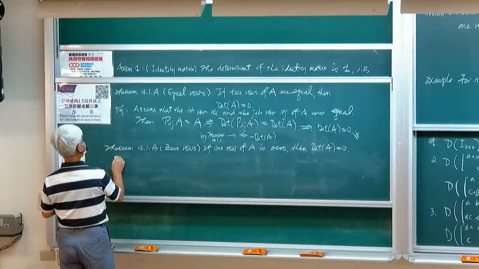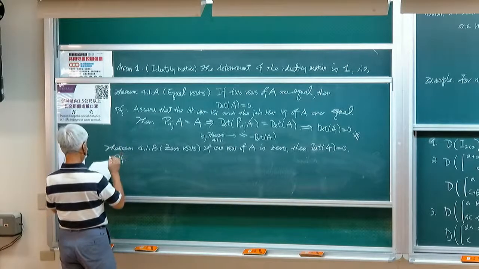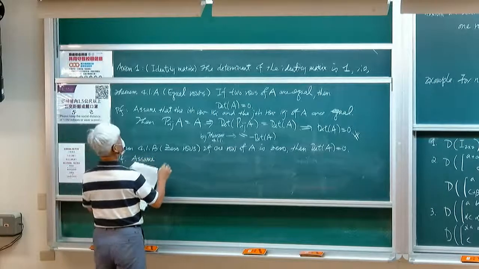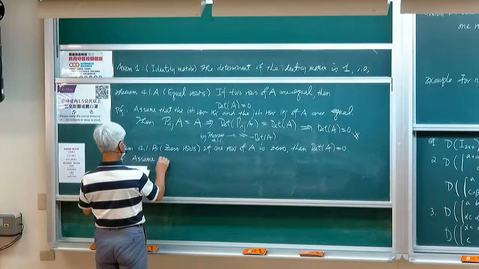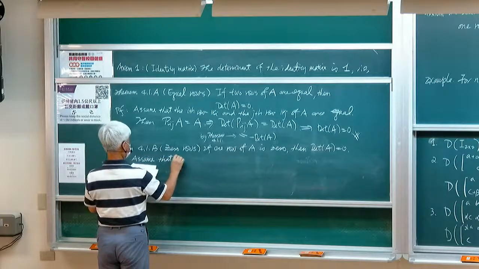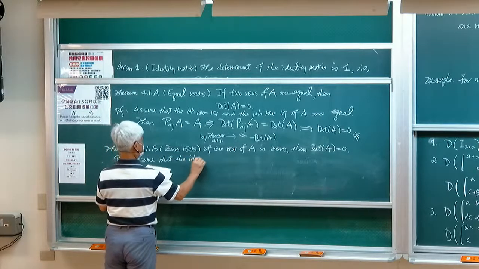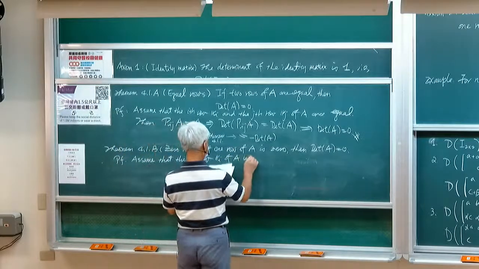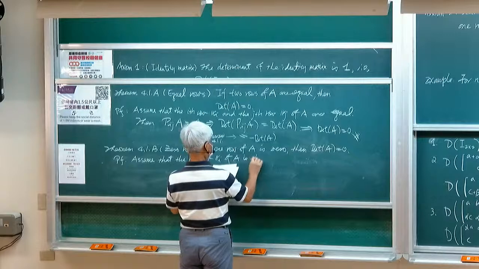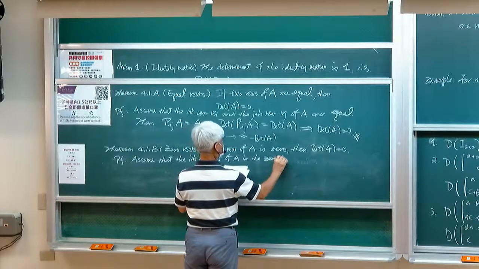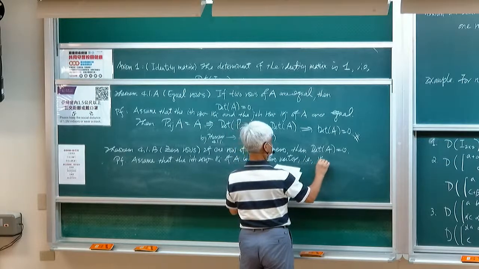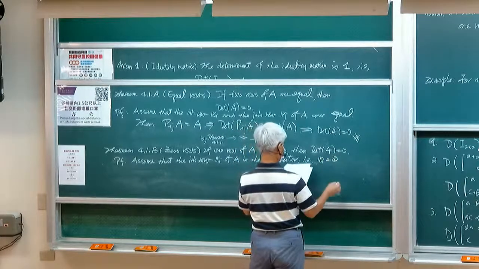Well, that would be simple. Assume that the ith row Ri of A is the 0 vector, i.e. Ri is equal to the 0 vector.